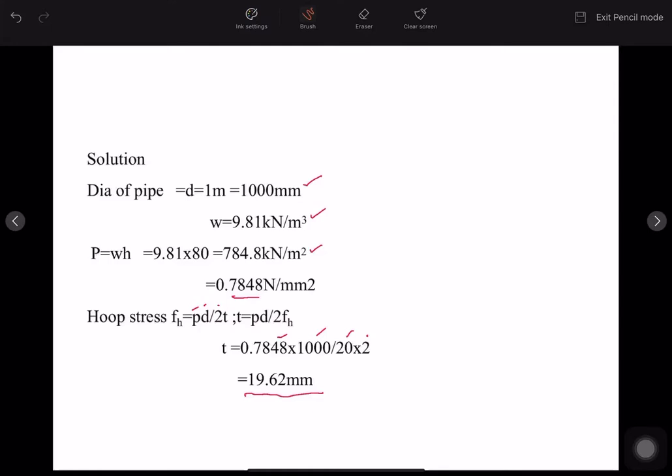So this is how we need to fix the thickness of the cylinder for which it is intended to be used.